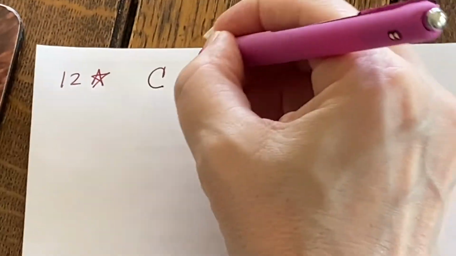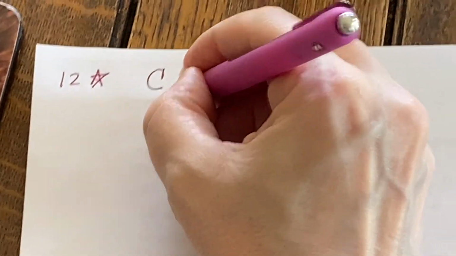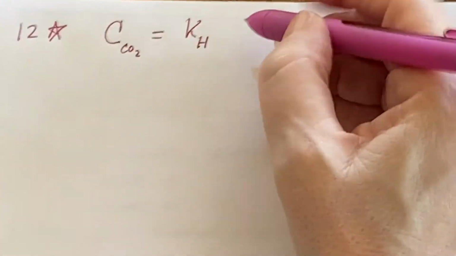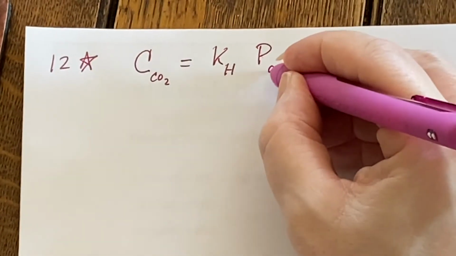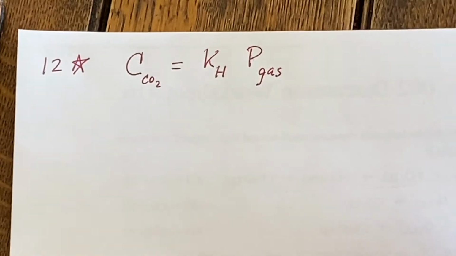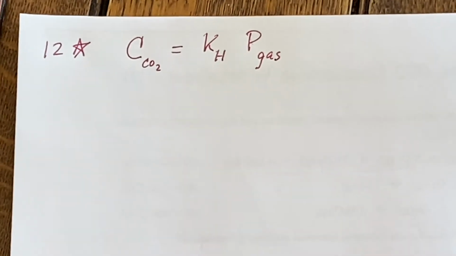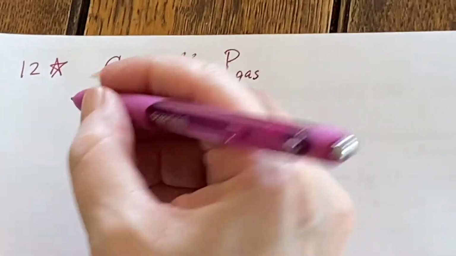We want to rearrange some stuff. The concentration of the carbon dioxide is going to be K sub H times the partial pressure of the gas above it. Well, fortunately, they told us the partial pressure. Unfortunately, they told us it was in psi.